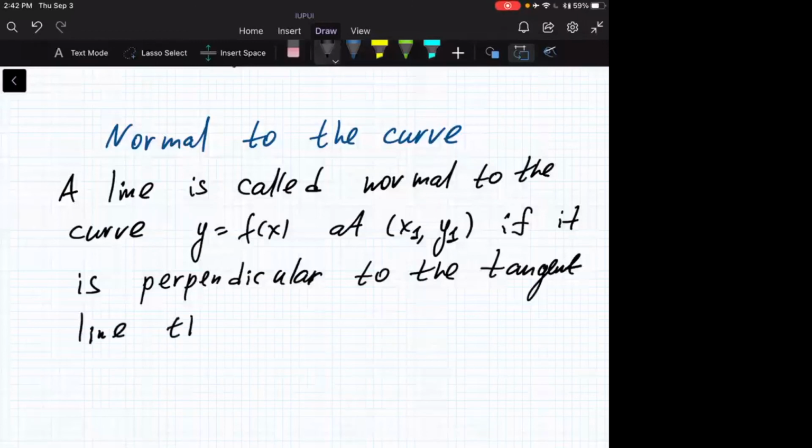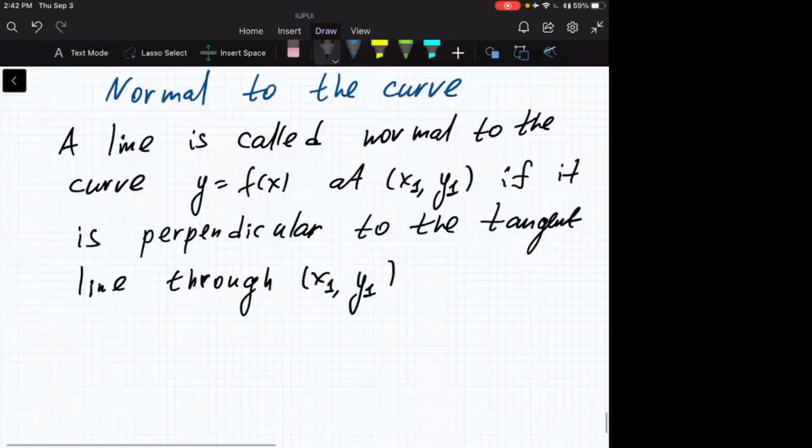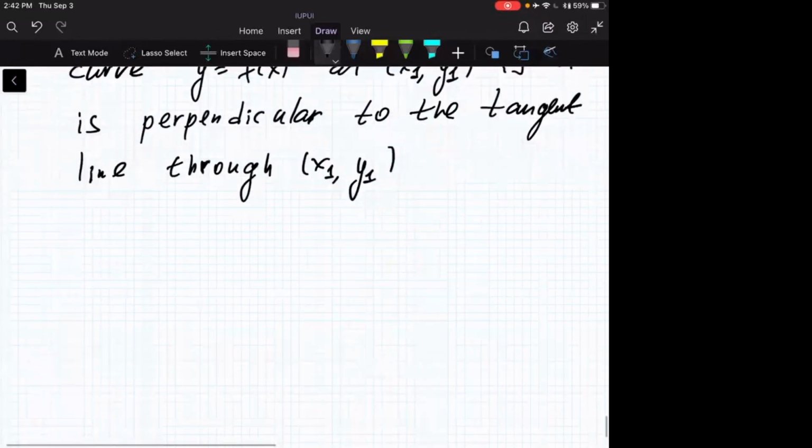The tangent line through that point x1, y1.